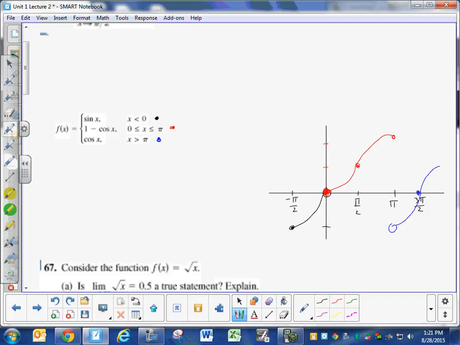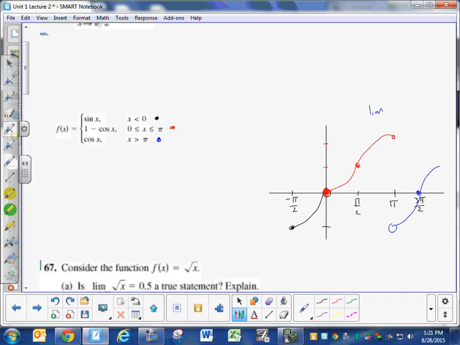So the question is, where do limits exist? Well, if we just look at the individual pieces on their domains, they would exist everywhere. The big question with these piecewise functions is, do the pieces meet up with each other? Does sine meet up with 1 minus cosine at 0? Does 1 minus cosine meet up with cosine at pi? You can see by looking at the graph that at 0, the limit does exist and it equals 0. But at pi, the limit does not exist.